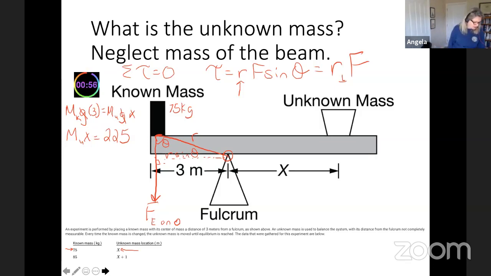Now in the second trial, they used 85 as the known mass, and the unknown mass location is x plus 1. So let's set the clockwise and counterclockwise torques equal again. The sum of torques is 0 still applies.